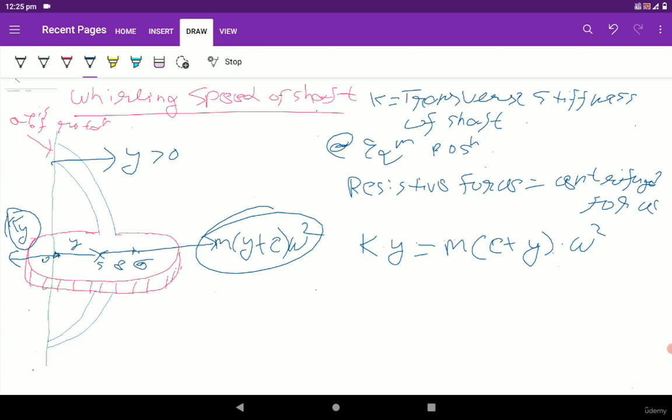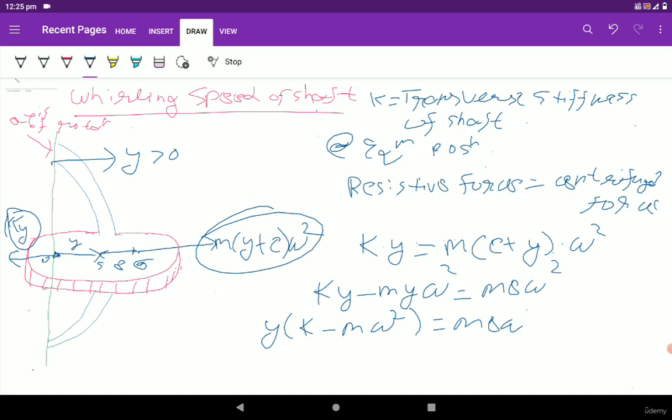Simplifying, k y minus m y omega square is equal to m e omega square. Taking y common, we get k minus m omega square, and y equals m e omega square divided by k minus m omega square.